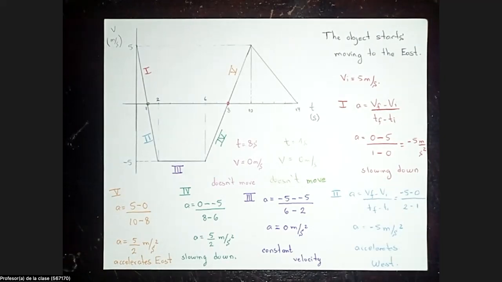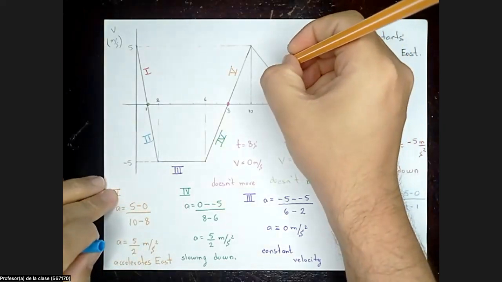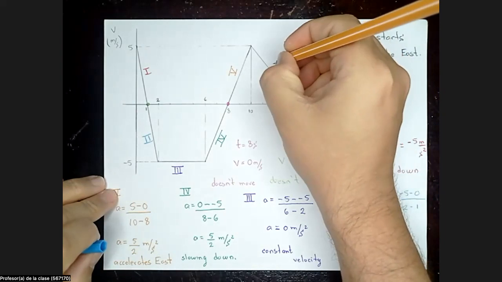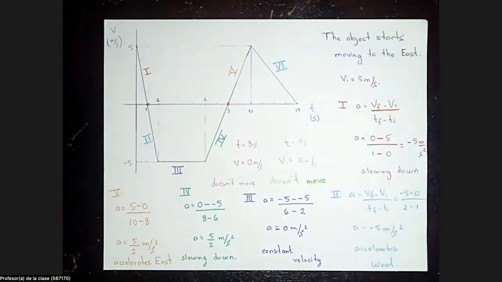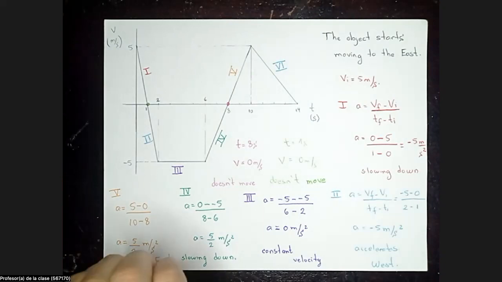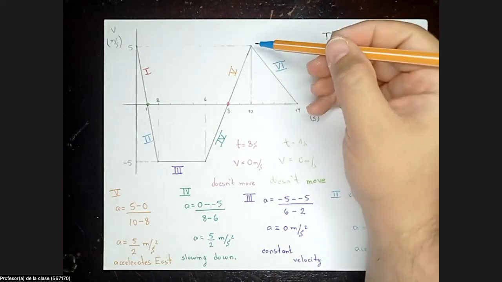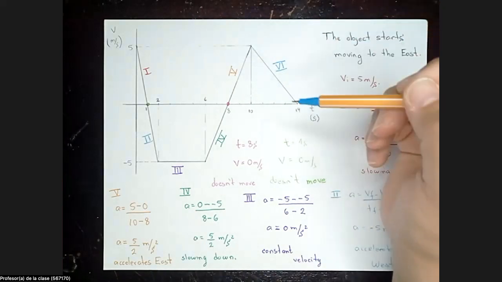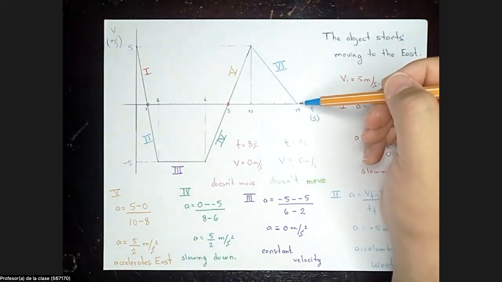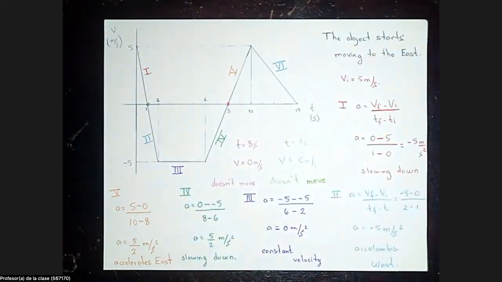So the final interval, number 6. In this case, the final velocity is going to be 0. The initial velocity is going to be 5. The final time 14 and the initial time 10.